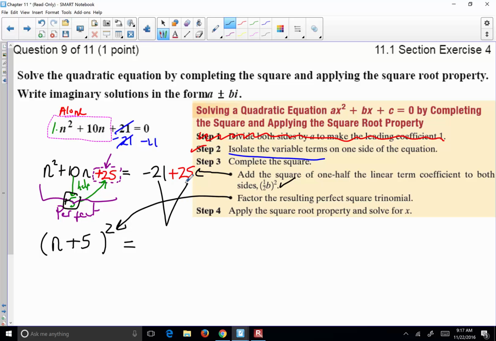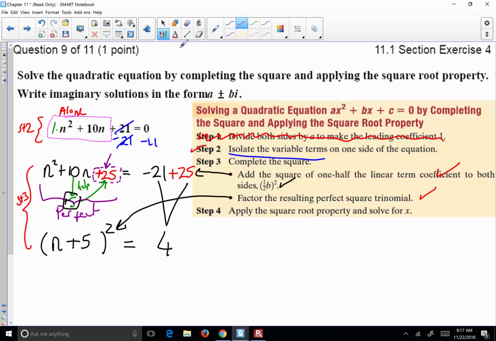And minus 25 plus 20, minus 21 plus 25 makes 4. Now step 3 is over. We're done. So this was step 3, and this was step 2. And step 2 we never did.